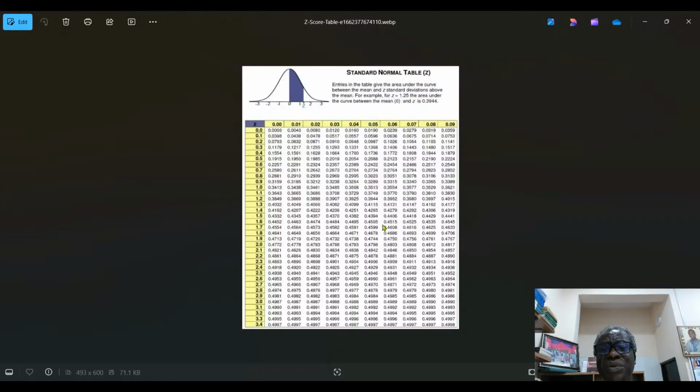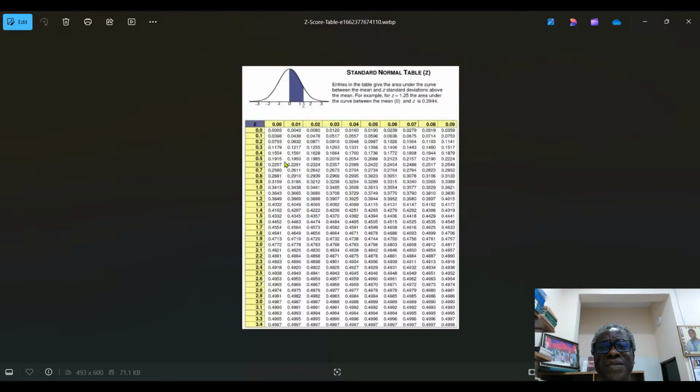So we need to read the cumulative probability for Z equals 2.